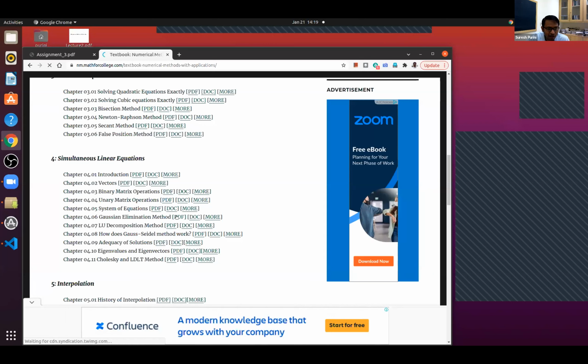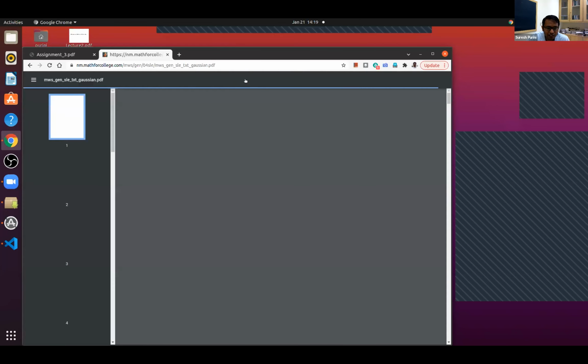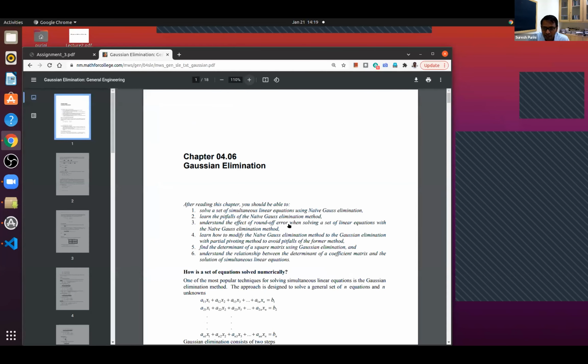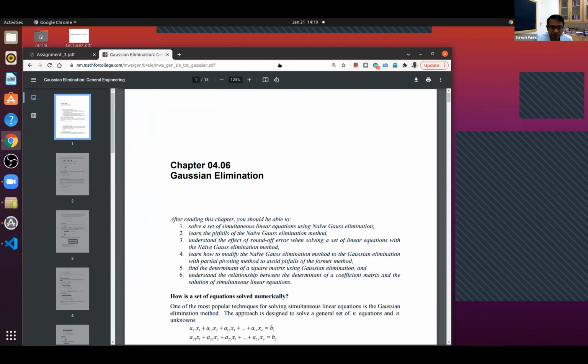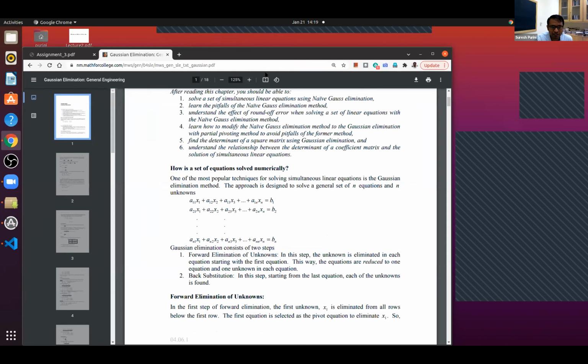If you see the Gaussian elimination method, I'll just review it here. What is the goal? Our goal is to solve a system of linear equations. So we have n equations and n variables.